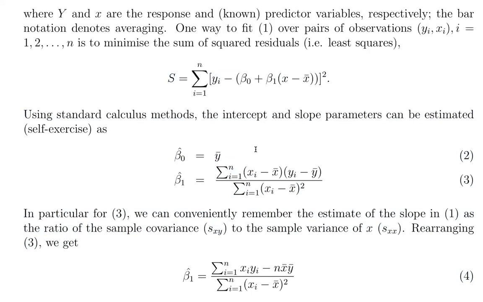In fact, if you have studied some statistical theory, you will notice that this is actually based on some reasonable criterion for finding the alpha and beta values. There's a very nice result which shows that these two estimates are actually your maximum likelihood estimates, okay, for beta naught and beta 1.